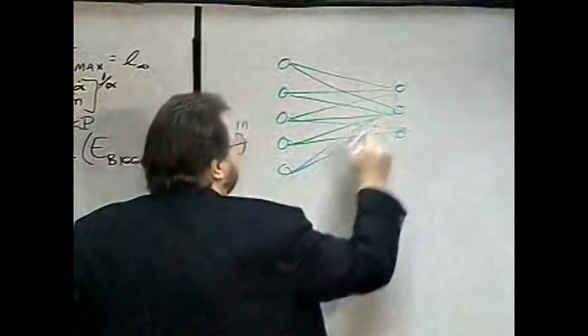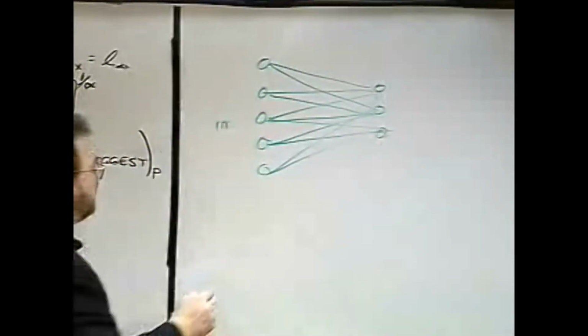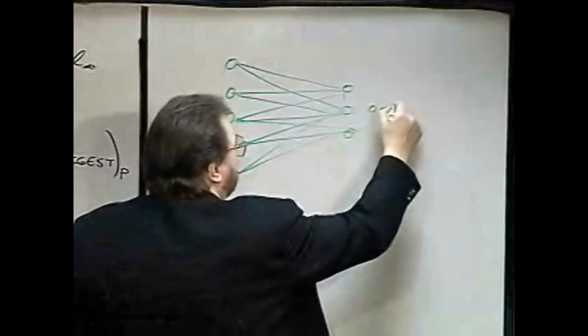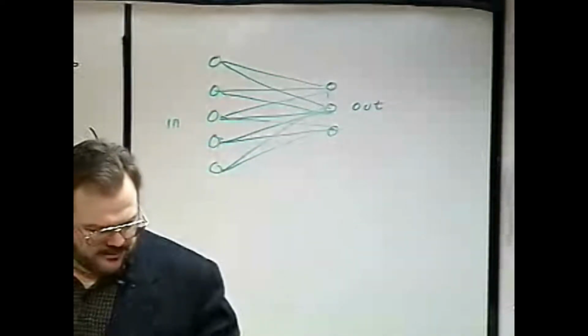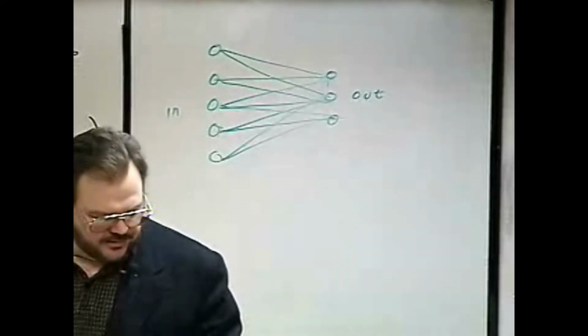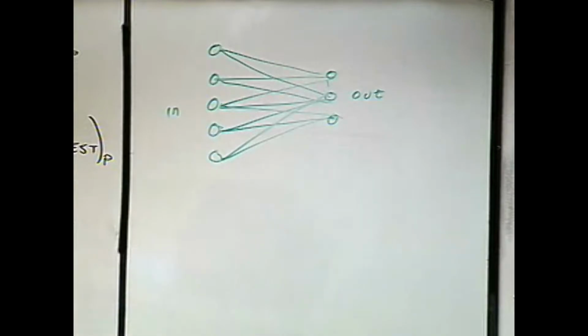And they are uniformly connected. That is, every input node is typically connected to every corresponding output node. Now, each one of these output nodes is the neuron that we talked about last time.